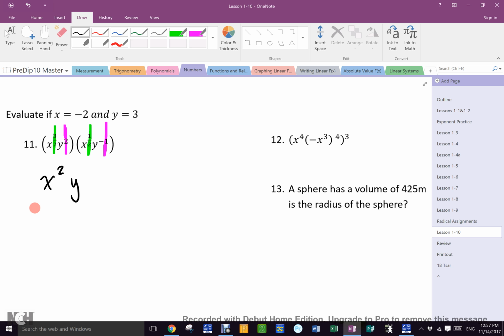Positive 12. Since x is negative 2 in brackets, the whole base of x is negative 2. So x squared will be negative 2 times negative 2, which is positive 4.